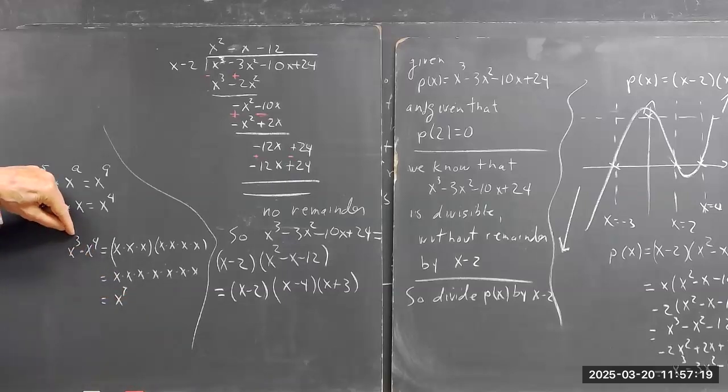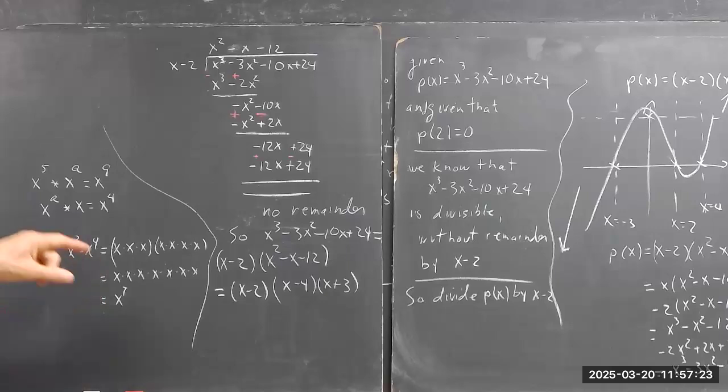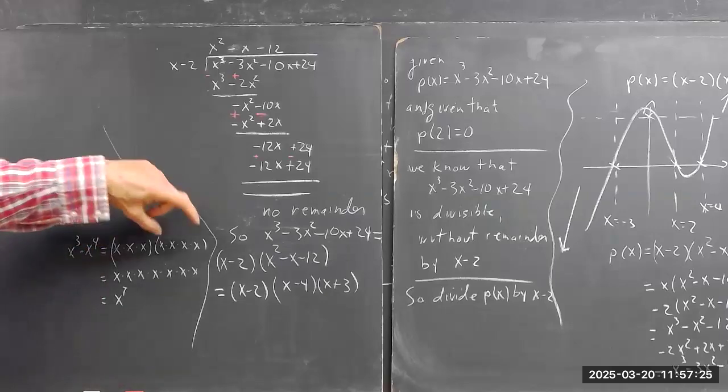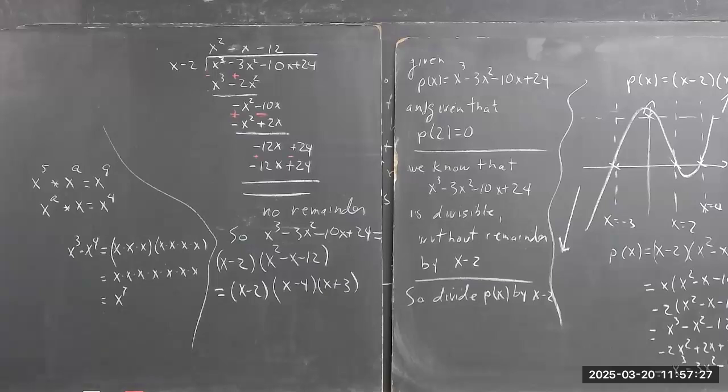That means you're going to add this number and this number to get this number, because this number is how many x's you got here, and this number is how many you got there. So you know now that you're going to add exponents when you multiply two powers of x.